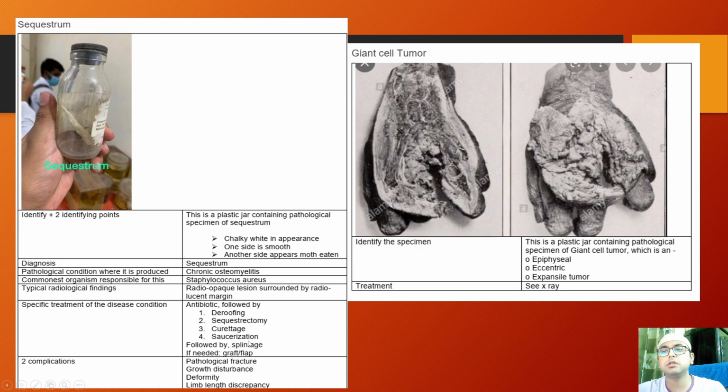So, antibiotics. What is the treatment protocol of chronic osteomyelitis? Curettage, sequestrectomy and saucerization, and splintage sometimes. If the lesion is more wide, a flap or graft can be done. Pathological fracture is sometimes present in the affected bone, along with growth disturbance, deformity and limb length discrepancy.